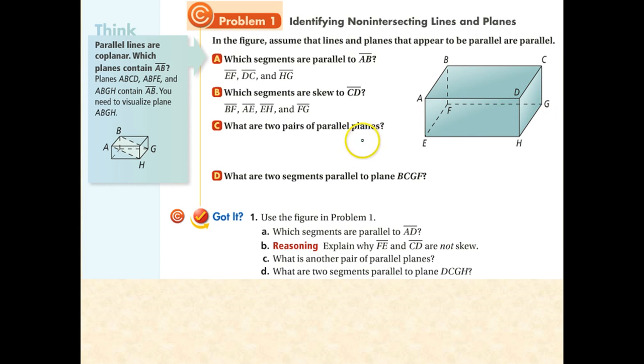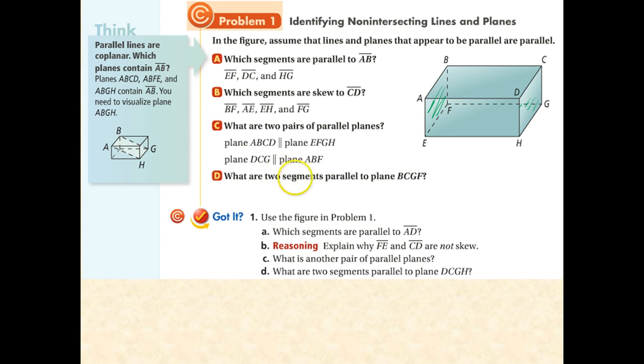What are two pairs of parallel planes? Well, plane ABCD is parallel to plane EFGH, and plane DCG, this one right here, is parallel to plane ABF, this guy over here.